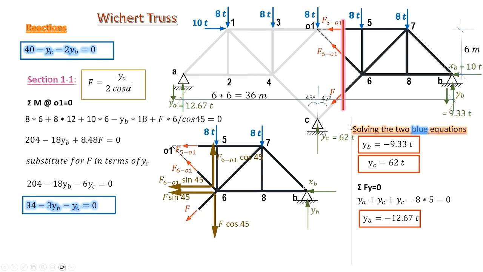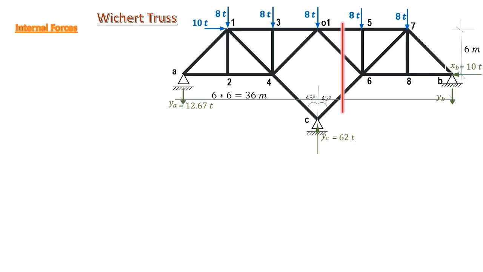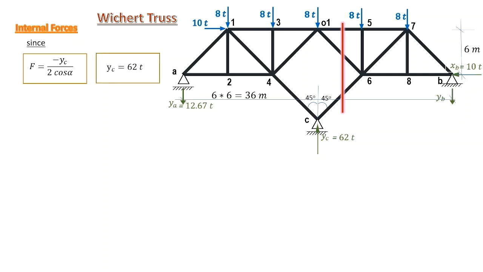Now all our reactions are computed, and it is easy now to compute the internal force F for the members C4 or C6 connected to joint C from these equations. For the internal forces, we have one equation and the other equation.